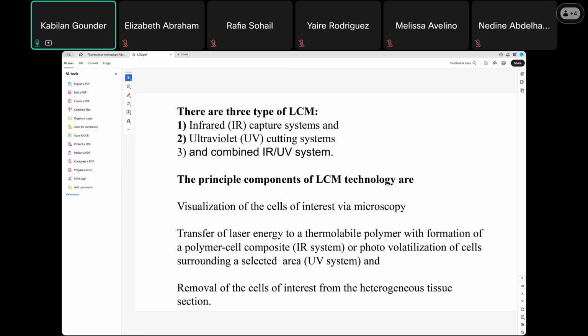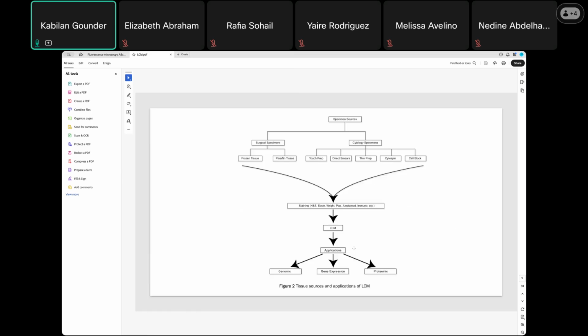So these are the two principles for how you collect the cells. Our goal is removal of these cells from the heterogeneous tissue section. That is, you are collecting a single cell from a heterogeneous mass of tissue. That's your goal.